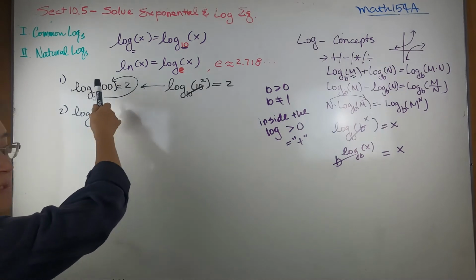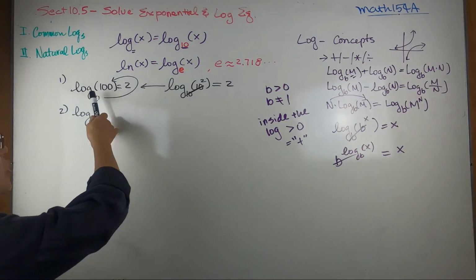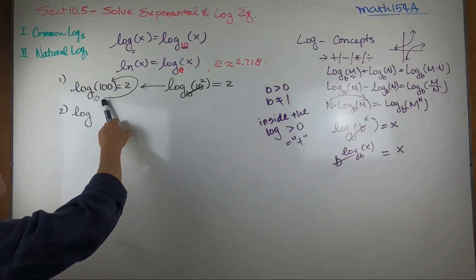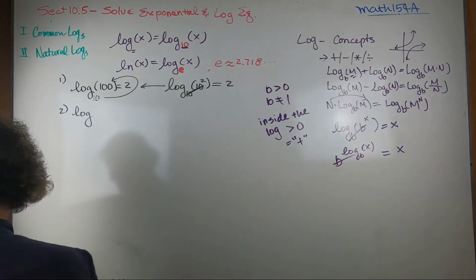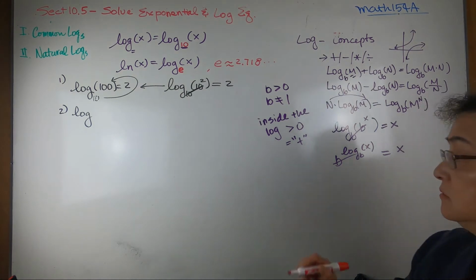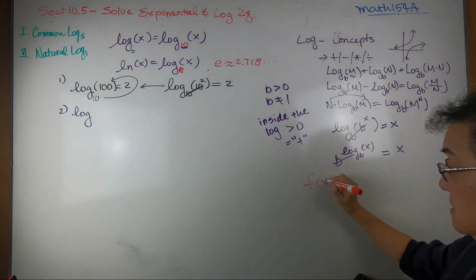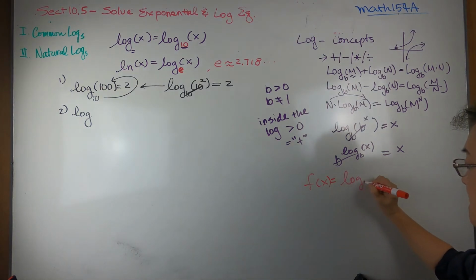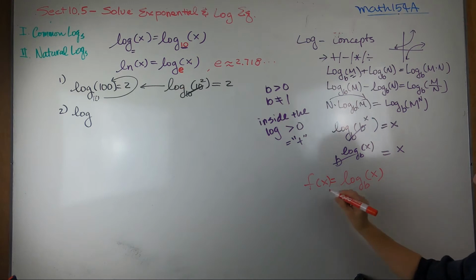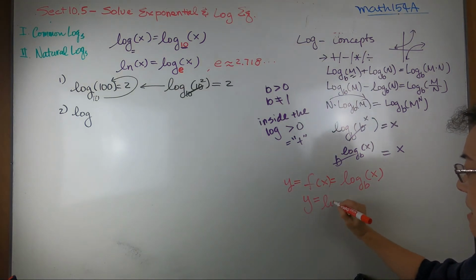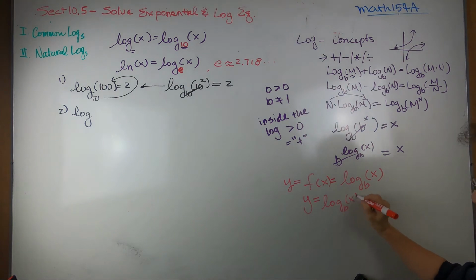Or you just use the basic concept of the hook, changing this to exponent style. For the basic function, f of x is a log function, like log base b of x. Then this is your y, so y is log base b of x.